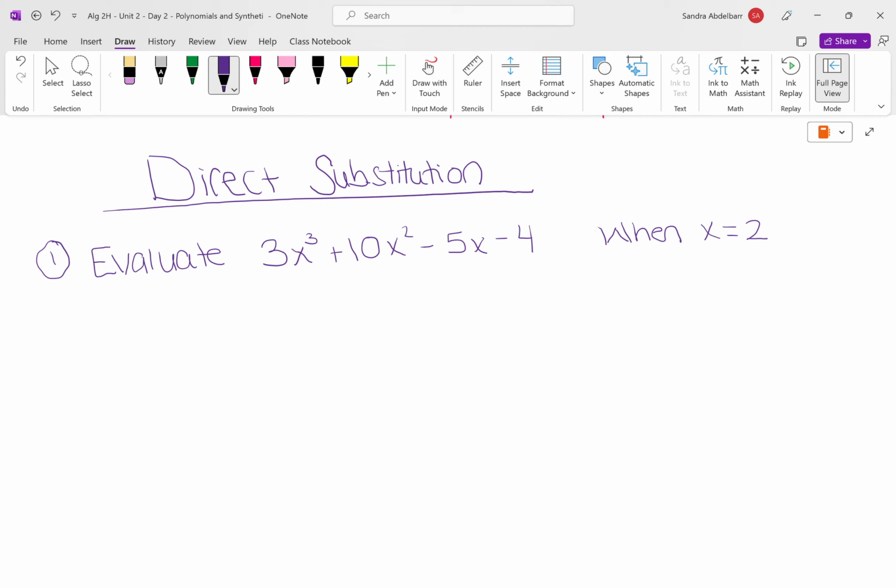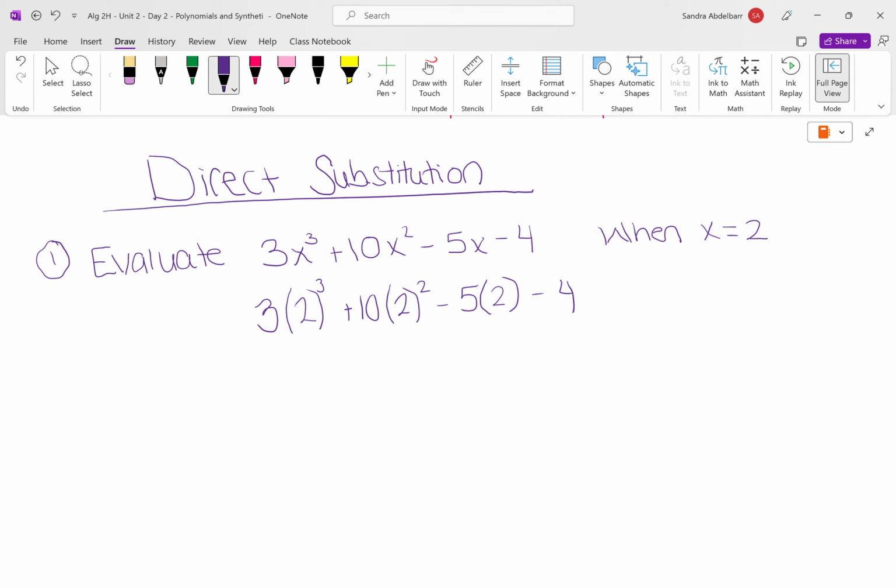Well, you are all very familiar with this. Anytime we see an x, we're going to substitute in a positive 2. So this becomes 3 times the quantity of 2 cubed plus 10 times the quantity of 2 squared minus 5 times 2 minus 4.